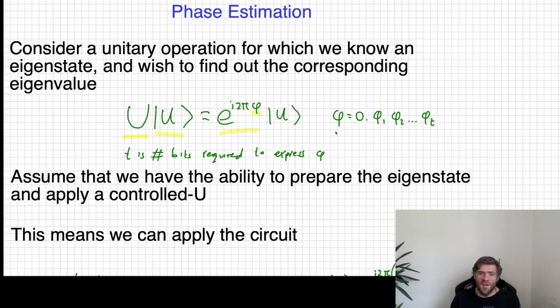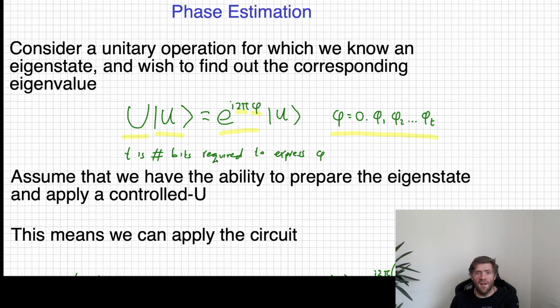This can be written as some binary fraction. It can be a binary fraction because we can write it in binary if we like, and it's a fraction because of our choice to have this 2 pi out here. Again, as we said before, only the fractional bit is going to be relevant.